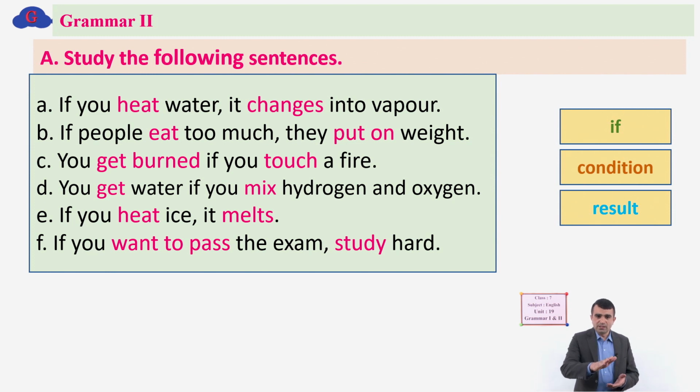You get burned if you touch a fire. If you touch a fire, condition. In that condition, you get burned. Is it so? Good. You get water if you mix hydrogen and oxygen. Now here mixing hydrogen and oxygen is the condition, and the result, what happens? You get water. If you heat ice, it melts. Heating ice, condition; melts, result.